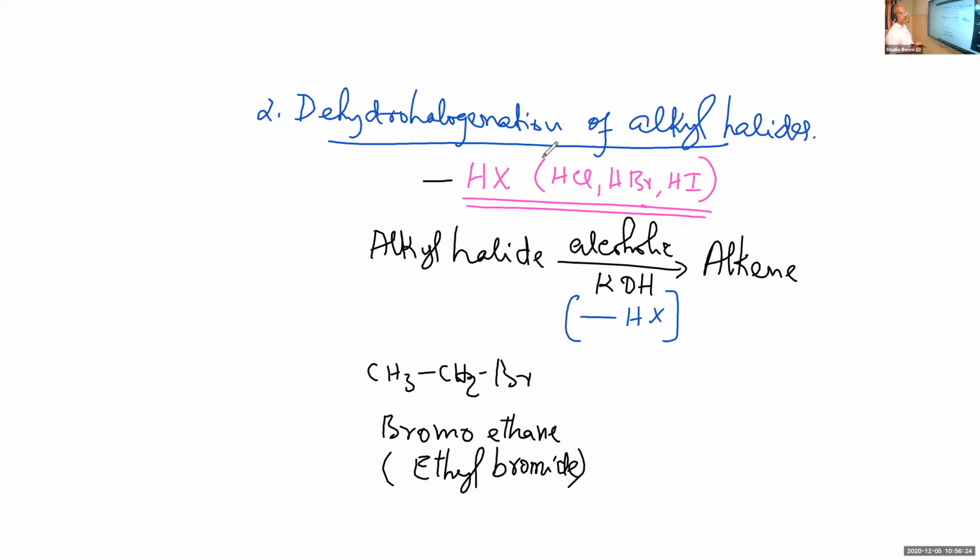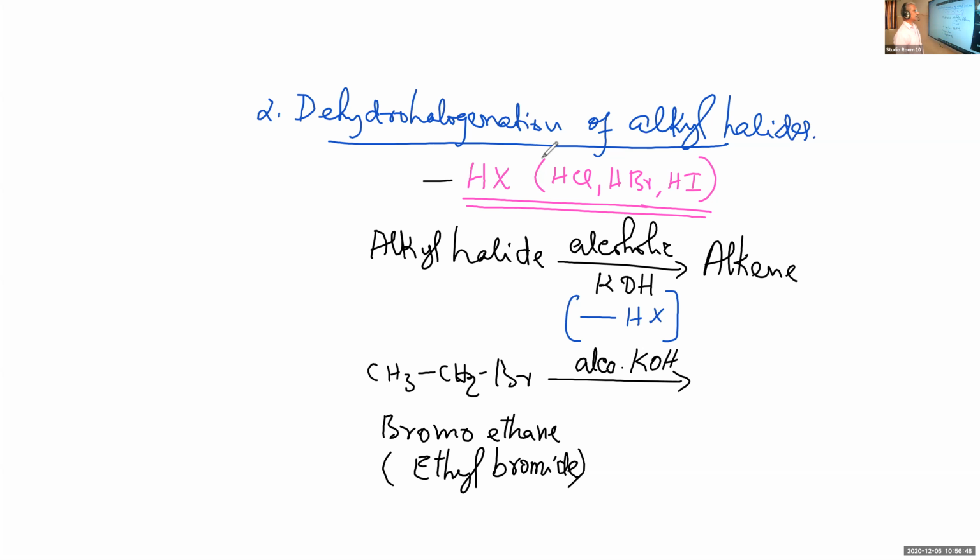CH3CH2 is an ethyl group. Similarly, CH3 is methyl. All these groups are generally known as alkyl groups. So ethyl bromide, or bromoethane, is heated with alcoholic KOH.